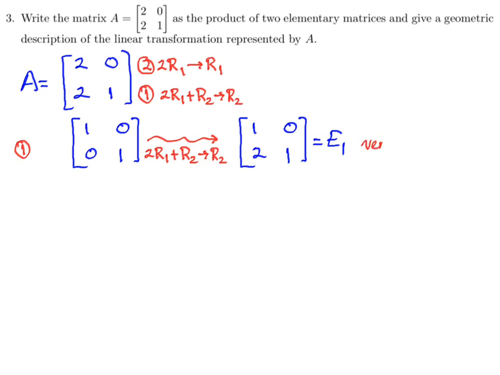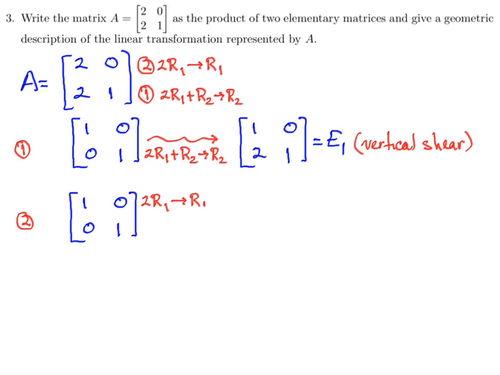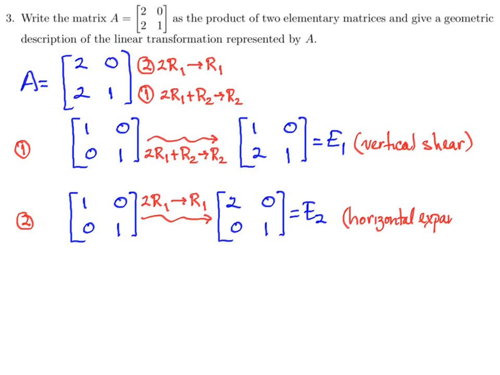This is a shear. It's a vertical shear. Then the second row operation on the identity matrix was just to multiply row 1 by 2. That gives us the matrix 2, 0, 0, 1. We're going to call that E2. And E2 is clearly a horizontal expansion.